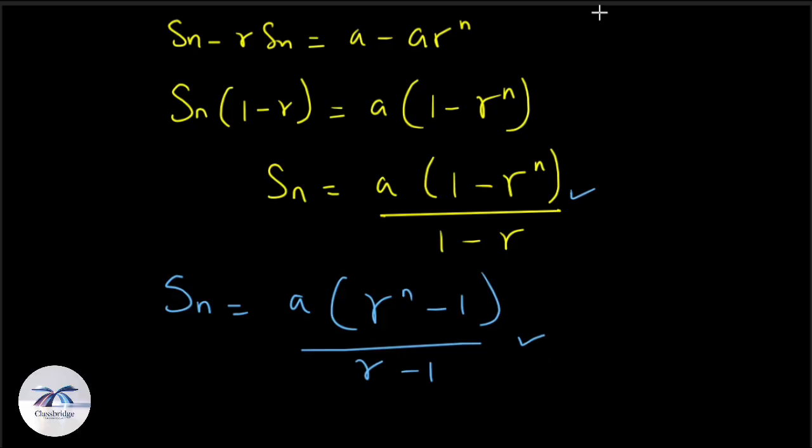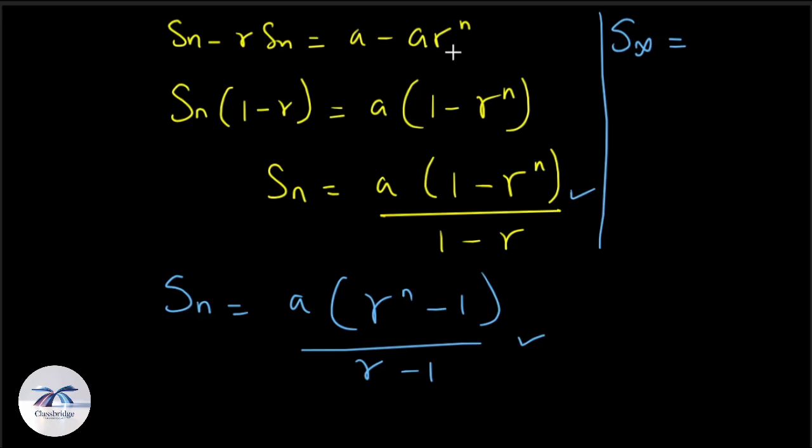Now, this formula has a third version. That is, if we have infinite terms, that is, you are asked to find the sum to infinity. You don't know the number of terms that the GP has, but you are asked to find the series. How do you calculate that? In that case, strictly do not use the second one. It is strictly the first one.